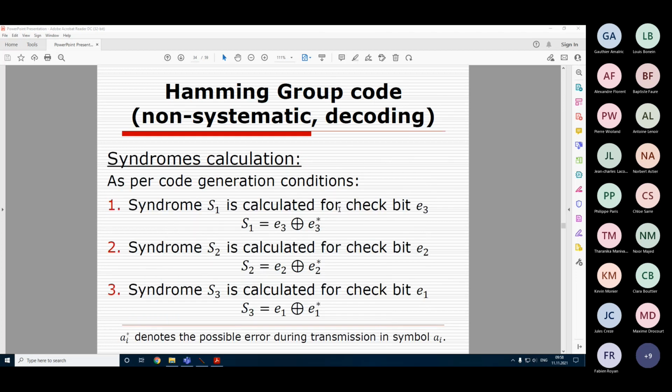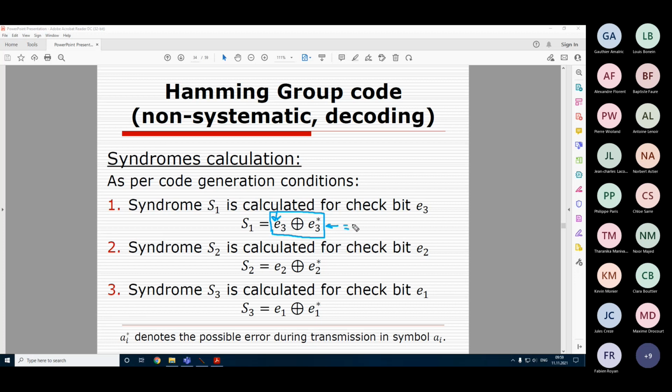Each syndrome bit is going to be a comparison of the original control symbol and the control symbol recalculated at the receiver side. If they are the same, the result of the syndrome by XOR will be 0.